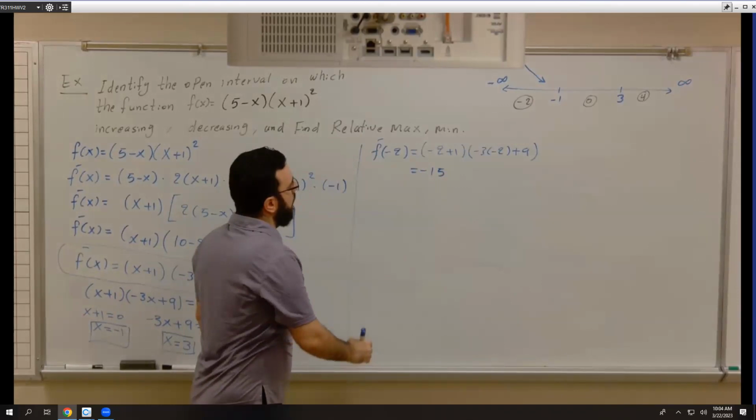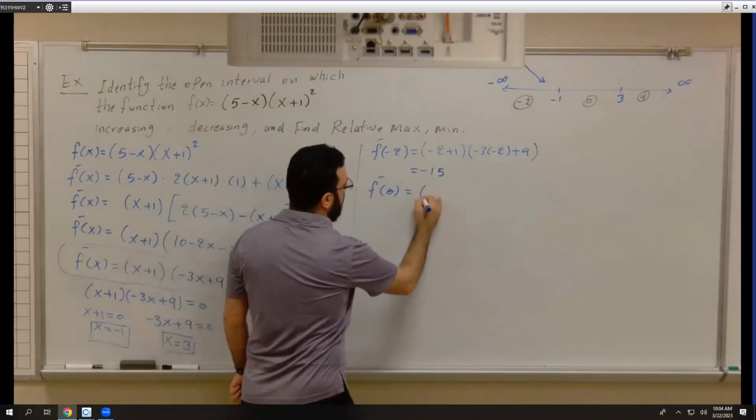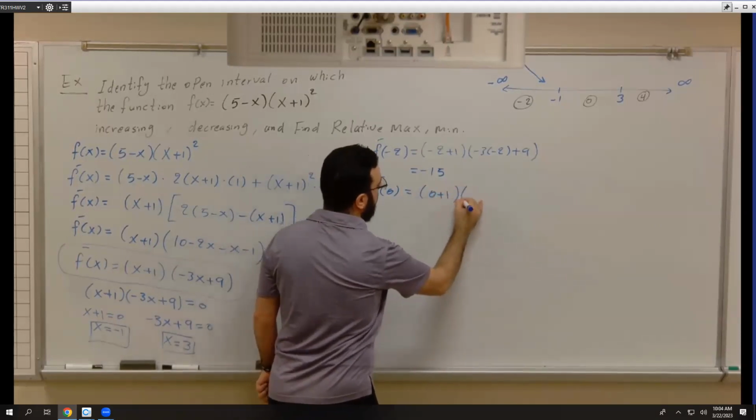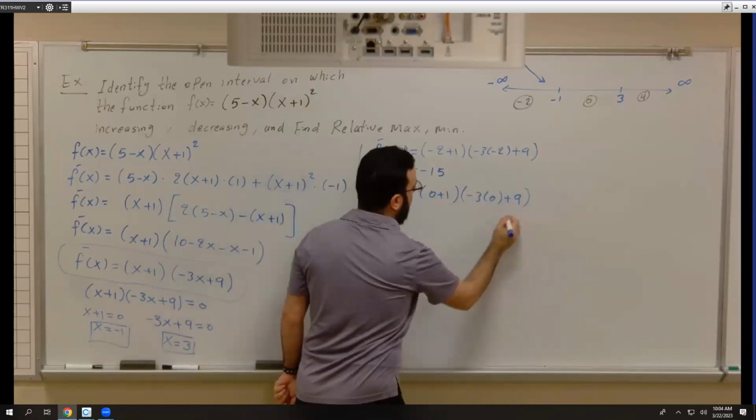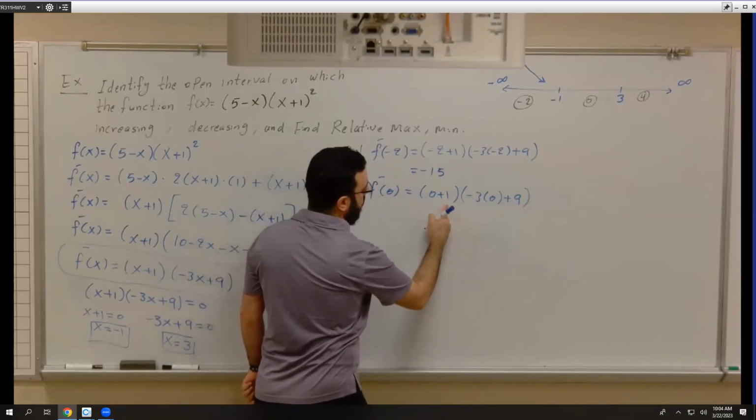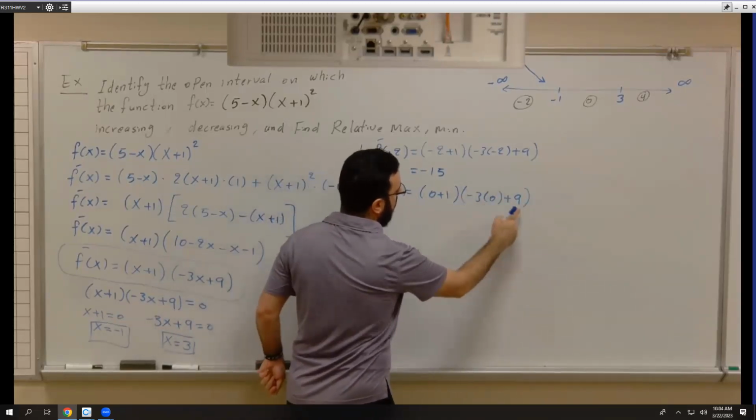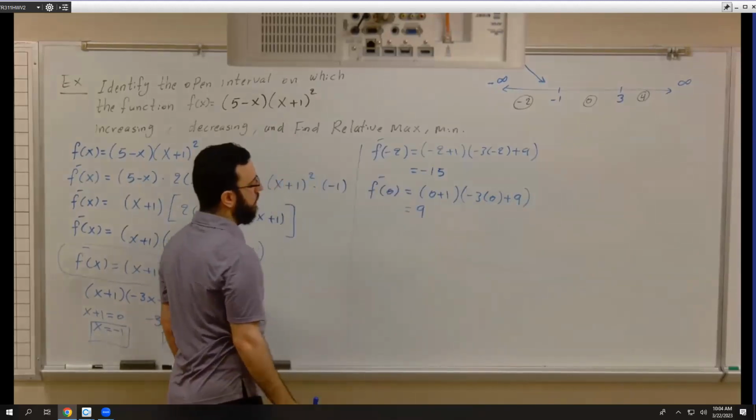Now f prime of 0 is 0 plus 1, times negative 3 times 0 plus 9. This is 1 times 9, which is 9.